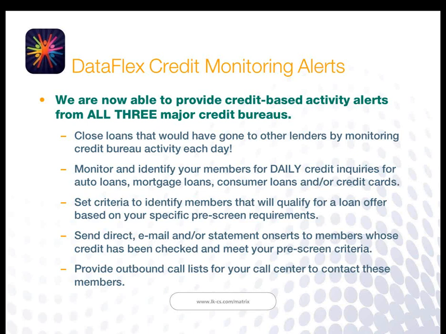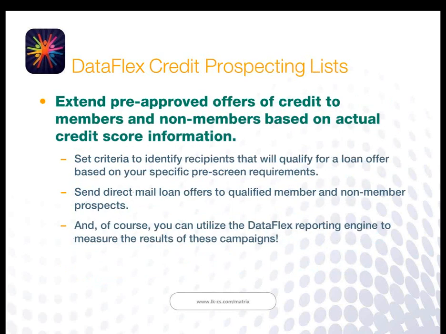We can then set specific credit criteria to only identify the people that will qualify for a loan based on your credit requirements, and then send direct mail, email, or even provide, again, a list of outbound phone calls for you every day, for you to contact these members with a firm offer of credit, and keep those lists.